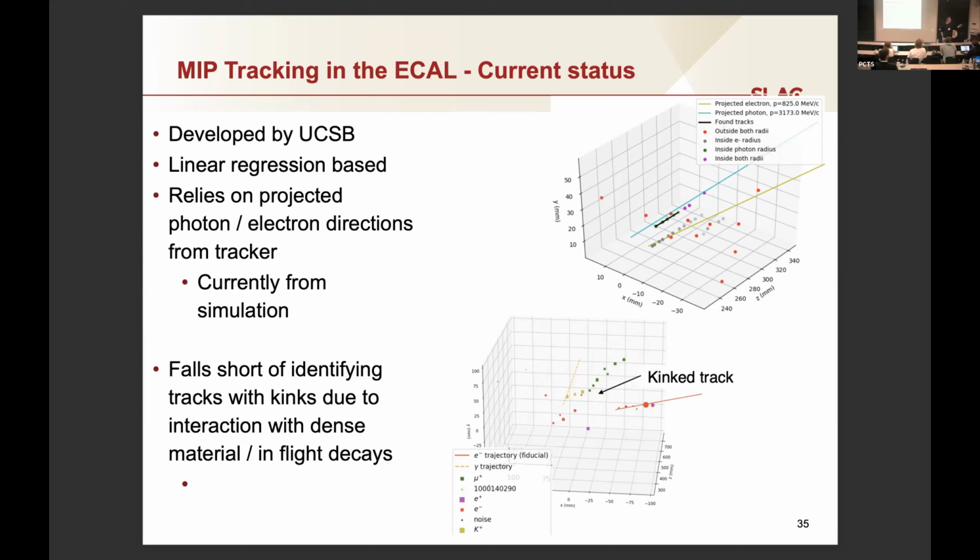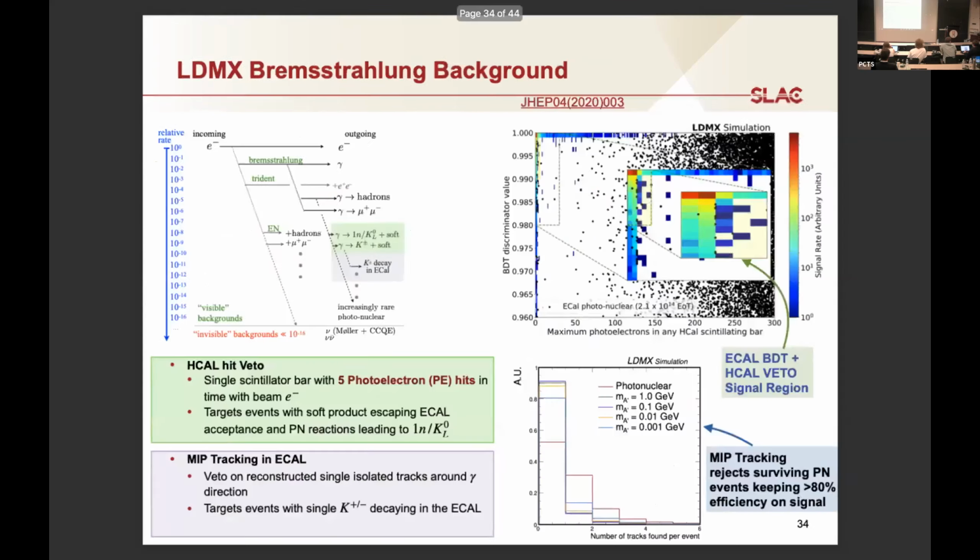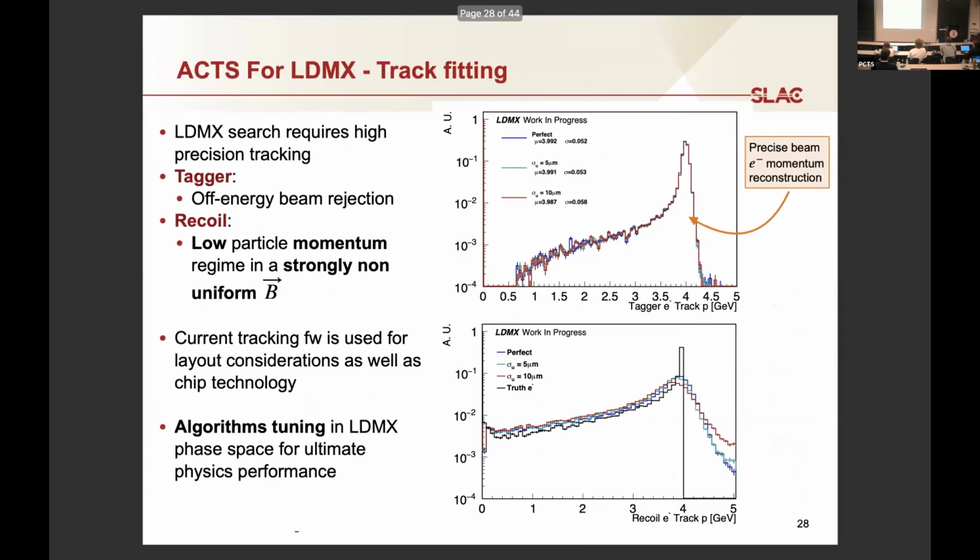Hi, this is Salva. A question on your page 28 on the reconstruction of the scattering electrons. On the upper plot, what is the tail due to?